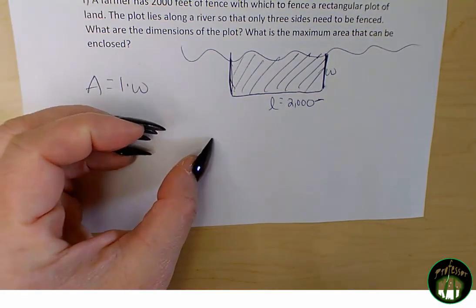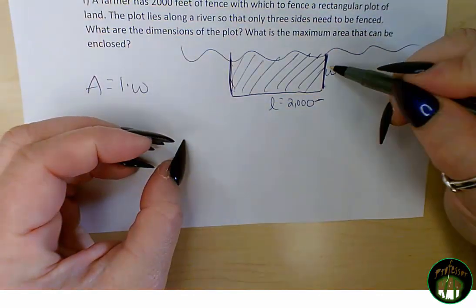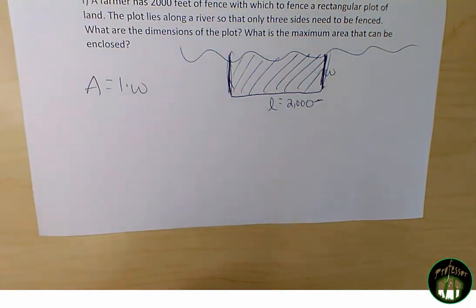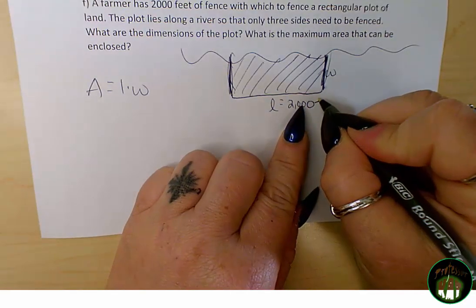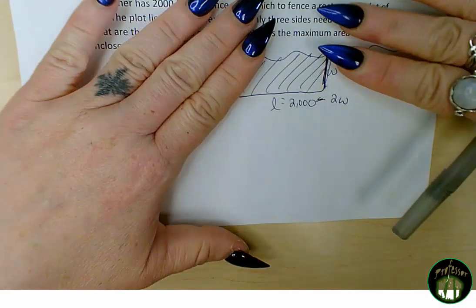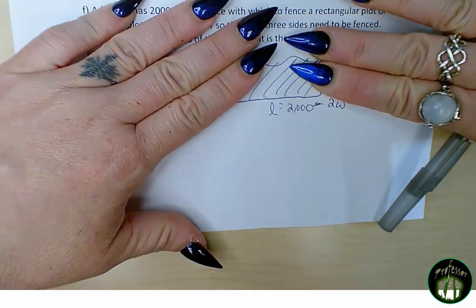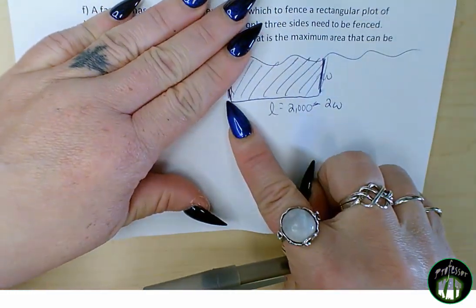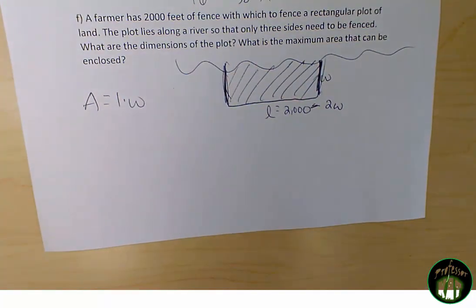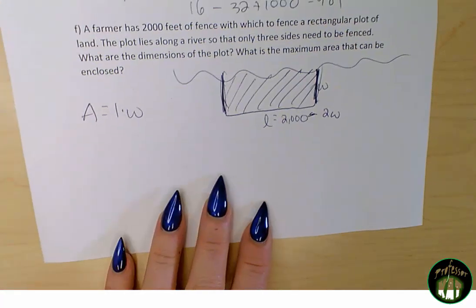So it's going to look like this: 2,000 feet of fencing minus 2W. 2,000 feet minus these 2 sides is going to leave me what I'm going to use here. So the length is equal to 2,000 minus 2W.